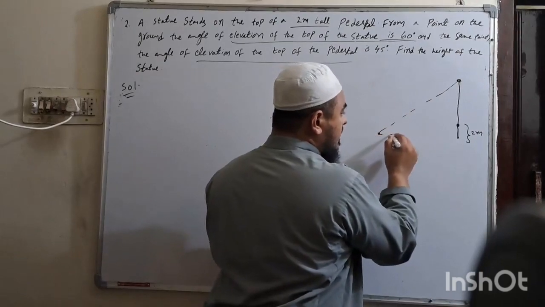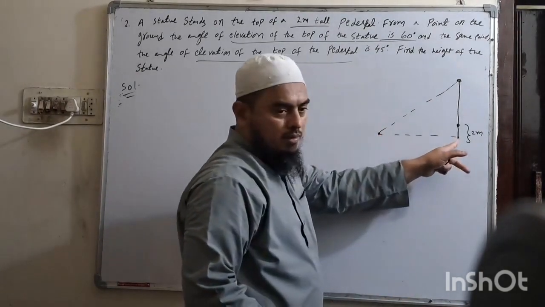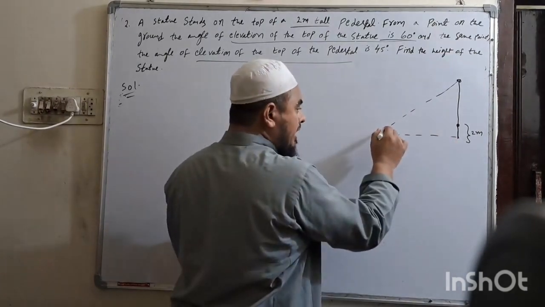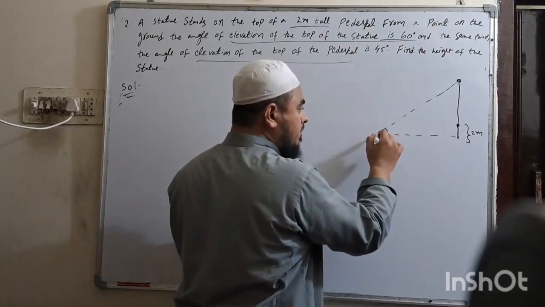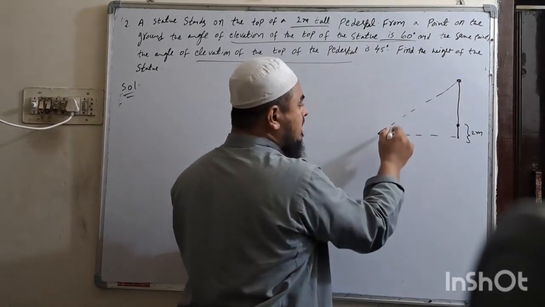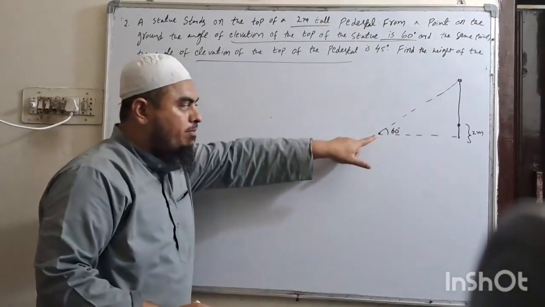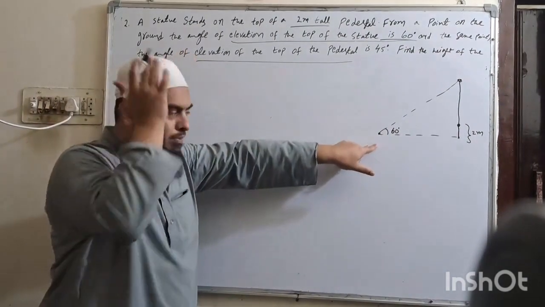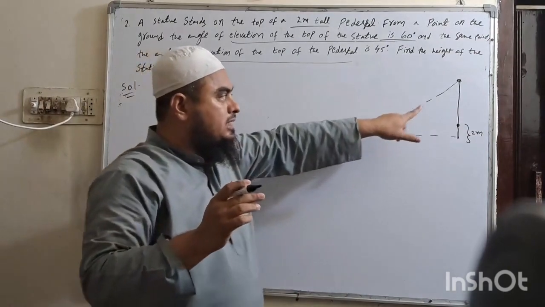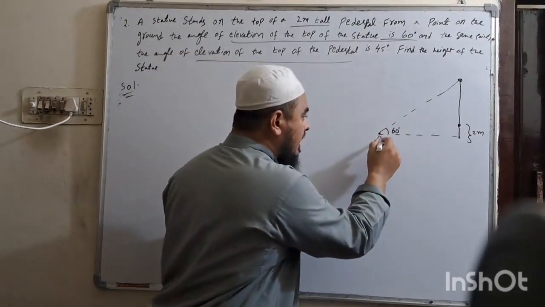We can join this person and the bottom of the pedestal. So the angle of elevation of this person looking at the top of the statue is first 60 degrees. Okay. Now from the same point where he is standing, the person who is observing the statue is standing at the same point, you can take it as A.